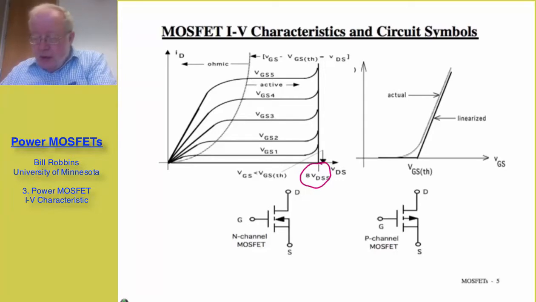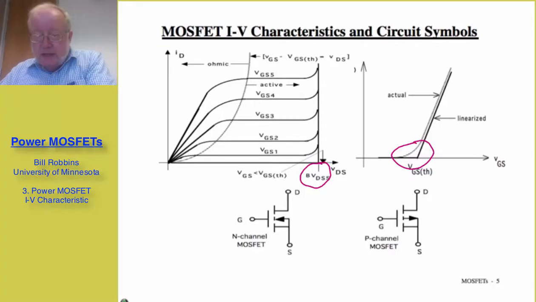To the right, we have the characteristic of the transfer curve, that is drain current as a function of gate to source voltage at some constant drain to source voltage when we're in the active region. At low gate to source voltages, just a little bit above the threshold voltage where the drain current isn't too large yet, we would expect to see the typical square law relationship between gate to source voltage and drain current.